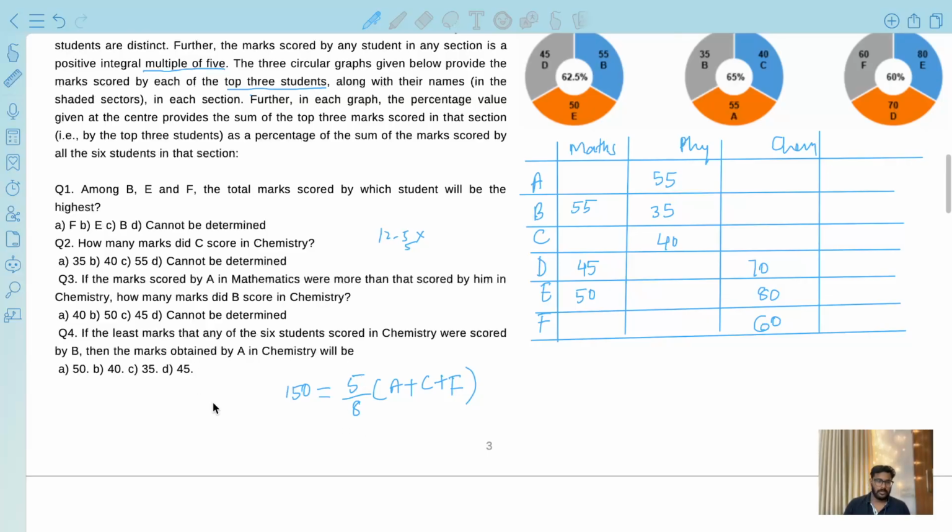The total will be 240, right? This is 240. That means A plus C plus F is... oh sorry, this is 240. That means this is 390.